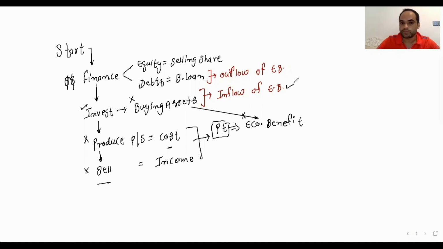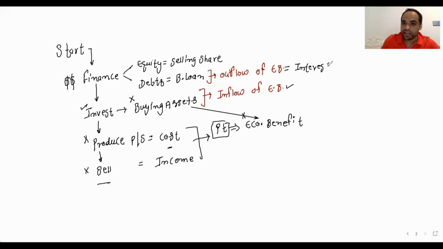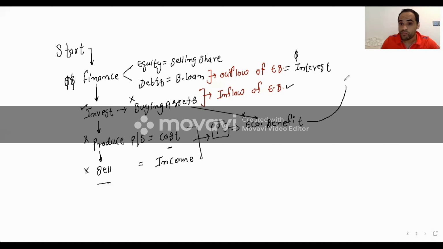Now, you borrow money from bank. This is bank loan. If you borrow money from bank, you have to pay interest. You have to pay interest to bank because you borrowed from bank. Where does this money come from? This money comes from economic benefits. So you have to pay.